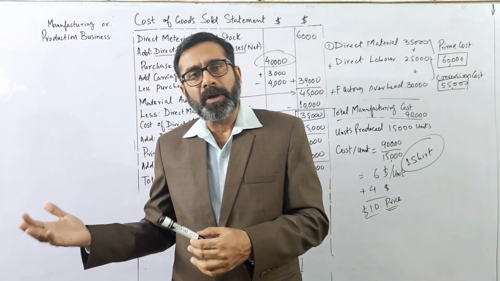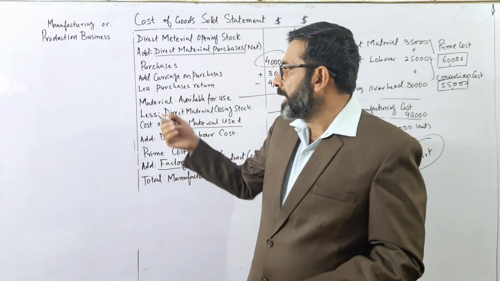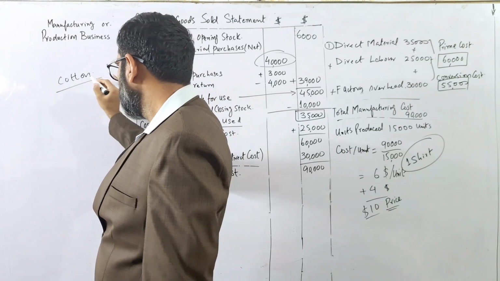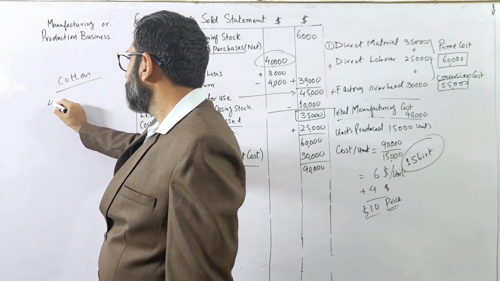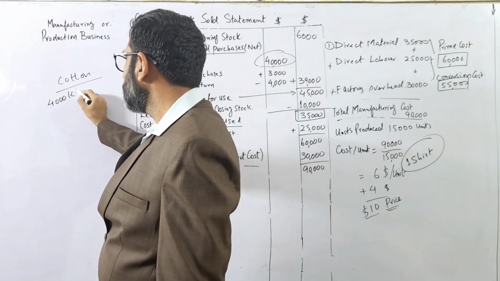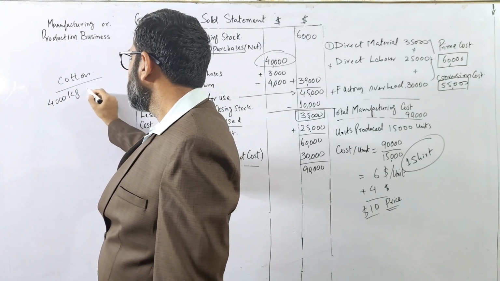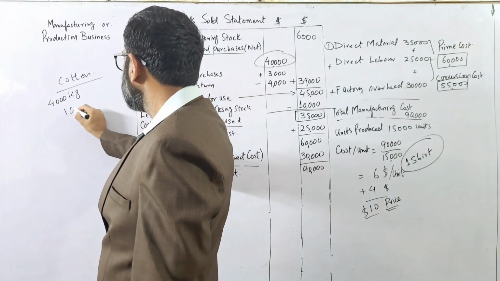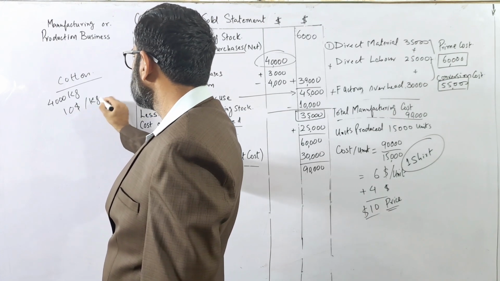They are purchasing it from the other city. So let's say they have purchased the cotton. They have purchased like 4,000 kg of cotton, and the cost is, let's say, $10 per kg.